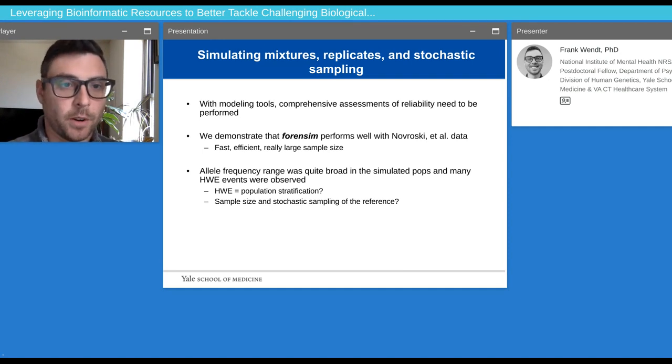If there are rare alleles in the Novroski et al. dataset, and we simulate the same dataset size, we can only sample some of those rare alleles so many times, and if they are not in the right combination, we may observe very different Hardy-Weinberg equilibrium deviations from what was actually observed in the Novroski et al. data.